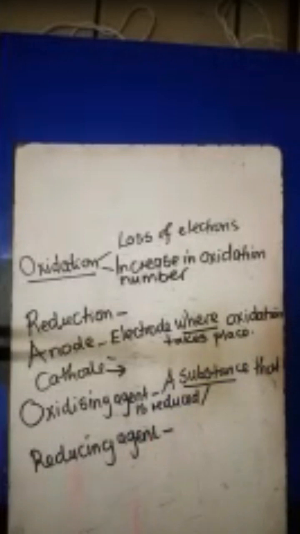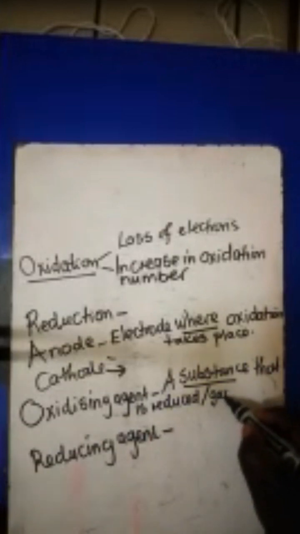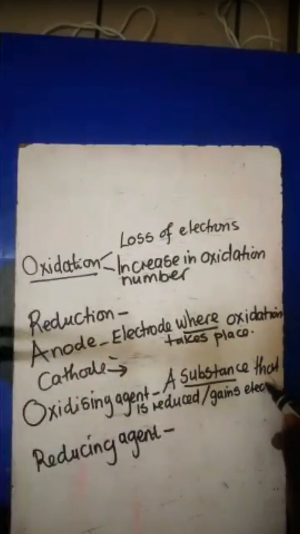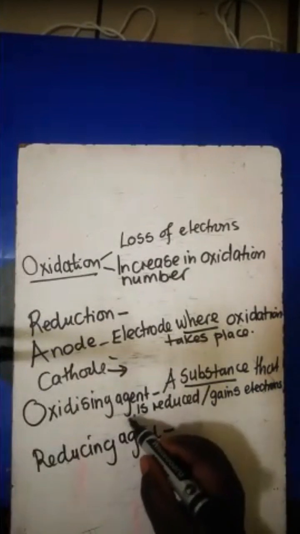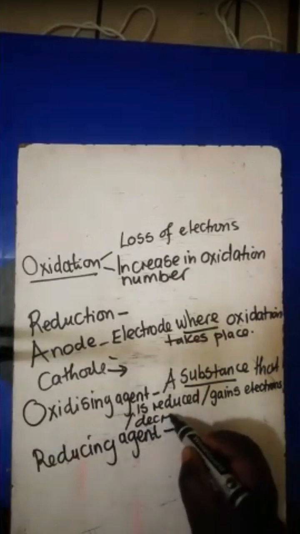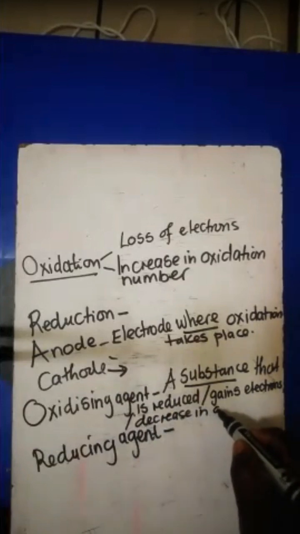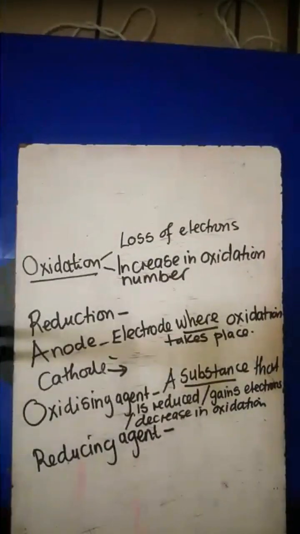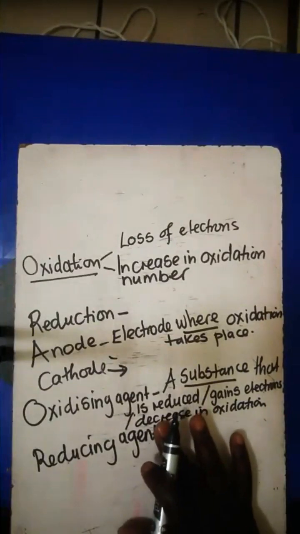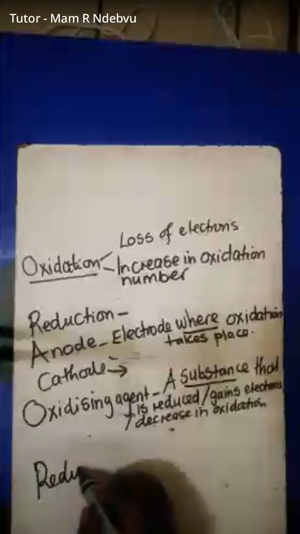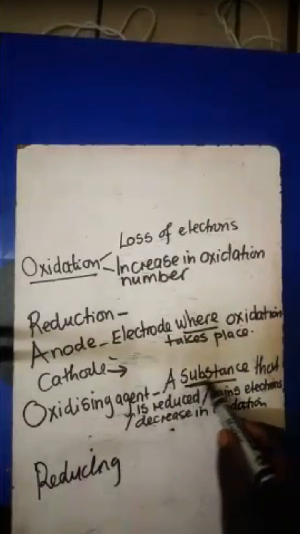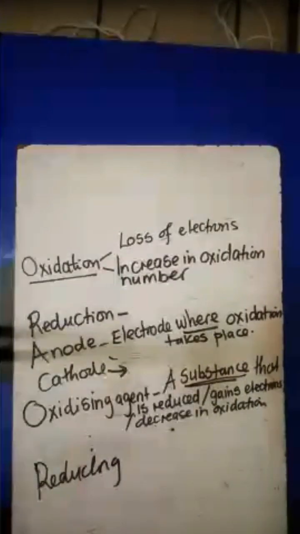Something that is reduced gains. Remember, reduction means it gains electrons. So you can say a substance that gains electrons, or a substance that decreases in oxidation number. Let me repeat this again. The oxidizing agent can have 3 definitions. What is the key? A substance that is reduced.